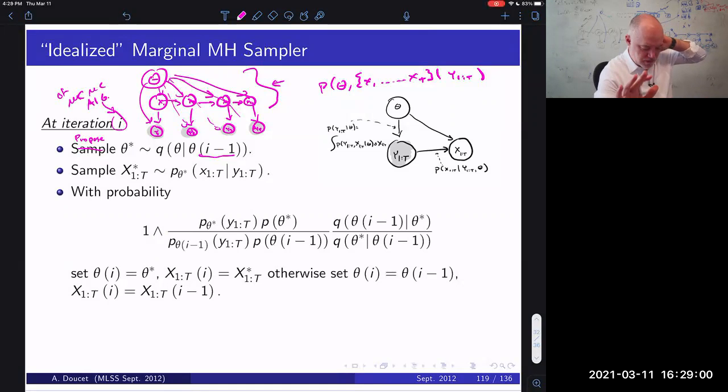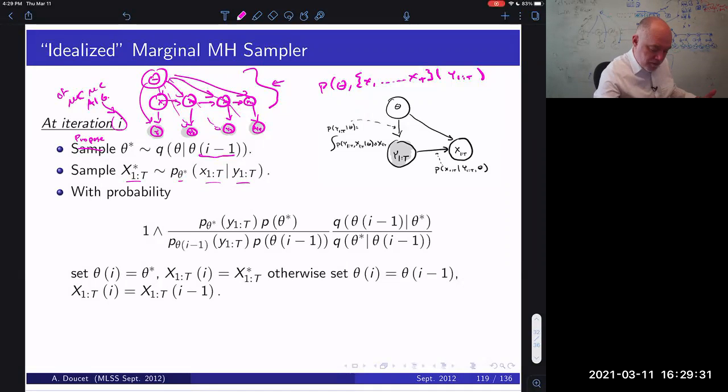You'll see where this goes in just a second, but hang with me. So we're going to propose theta star from some proposal distribution on the space of theta. And then somehow magically, we're going to actually sample x1 to t given the value of theta star from the posterior distribution of x given y. Okay. Fine.